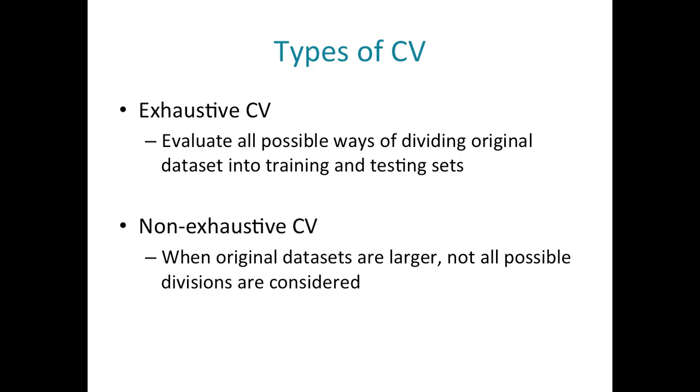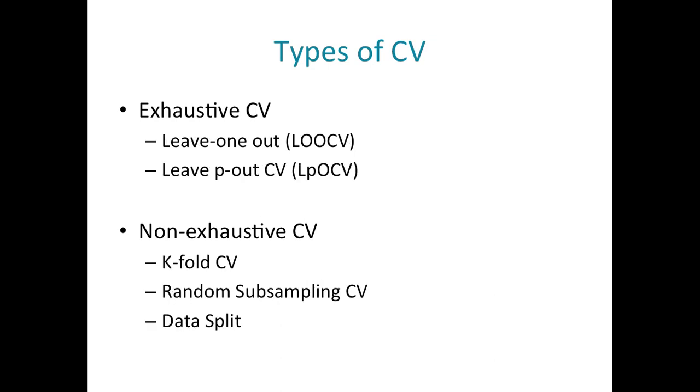There are two types of cross-validation methods. Exhaustive methods basically evaluate all the different possible combinations of dividing a data set into training and testing. And then the non-exhaustive methods are used when we have really large data sets, and we simply cannot consider all the different possible combinations, so in that case we use non-exhaustive cross-validation techniques to assess how to divide the data set.